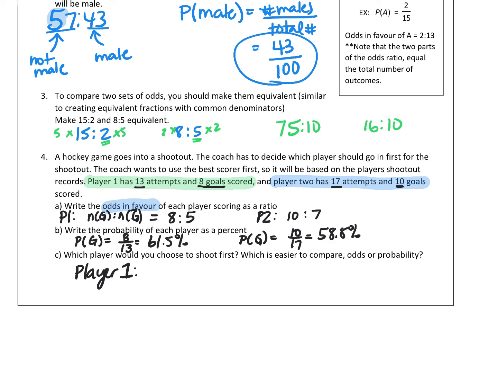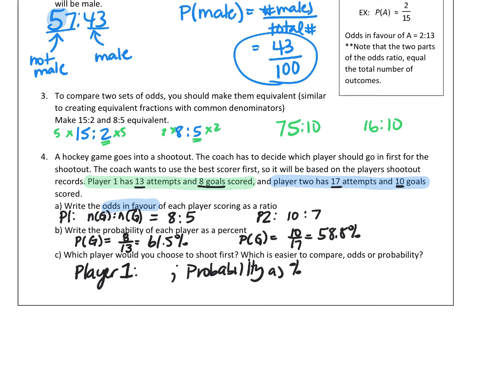Which is easier to compare, probability or odds? Clearly here, probability as a percentage is the easiest, because even if you look back at the probabilities when they were fractions, those are tough to compare. You could create equivalent odds. For example, I could turn these into 35s.